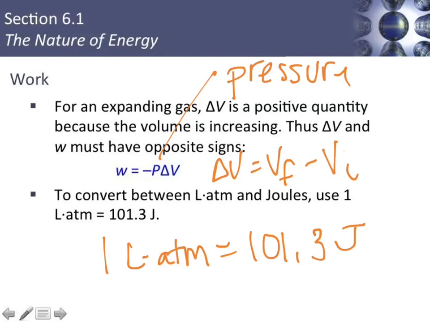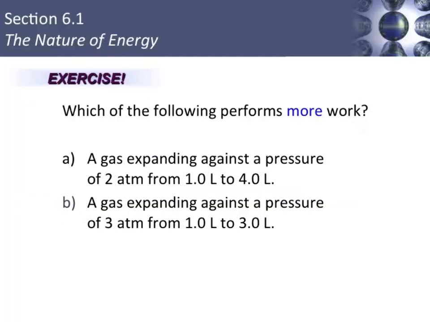So now we're going to do some problems. So you need your calculators, maybe, unless you can do it in your head. All right. So which of the following performs more work? What is our equation for work?